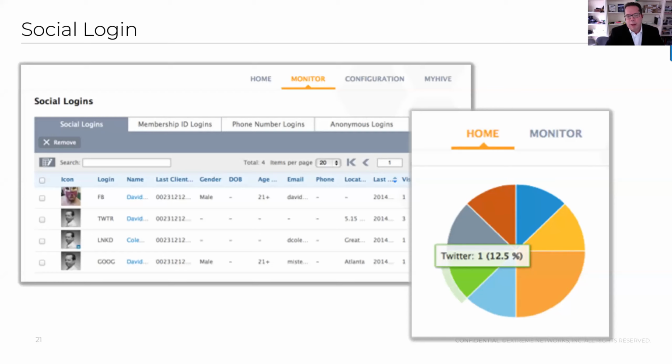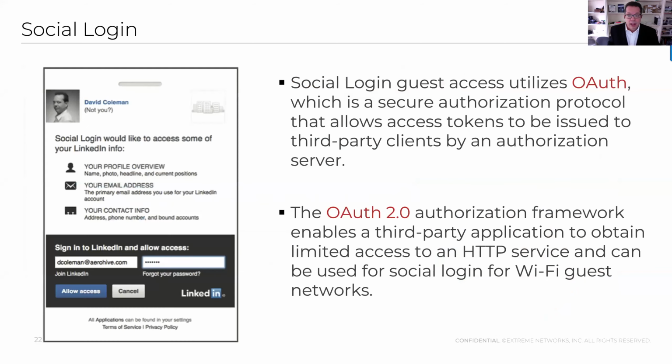One of the reasons this is popular in retail is that it allows them to build a marketing database, and also get all the information from your LinkedIn account that can be shared with the retailer. So there are some privacy concerns with this. So very often, if this is the way you're offering guest access, there's going to have to be some sort of opt-in process, or opt-out process, I should say.